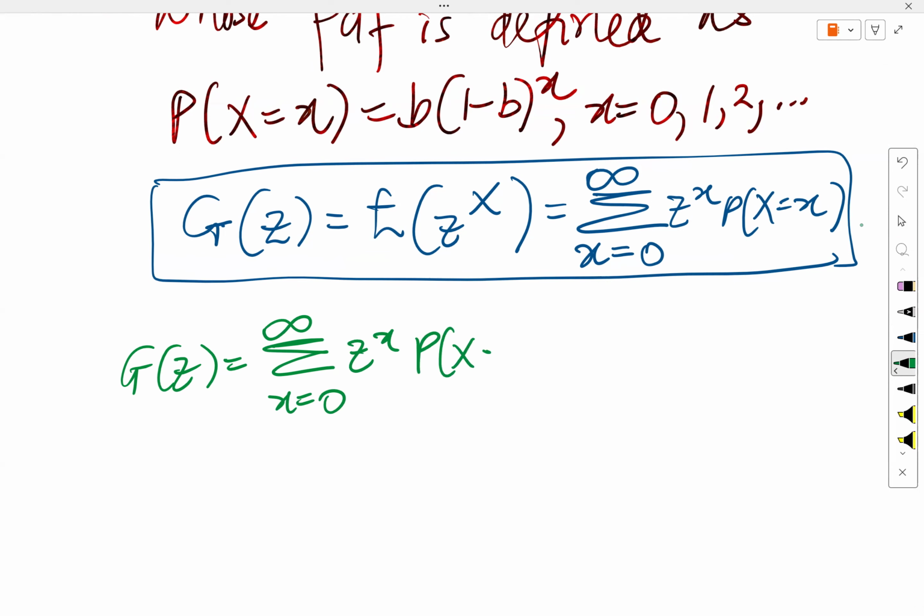Then when x is 2, we have Z into 1 minus b, all of that raised to power 2.